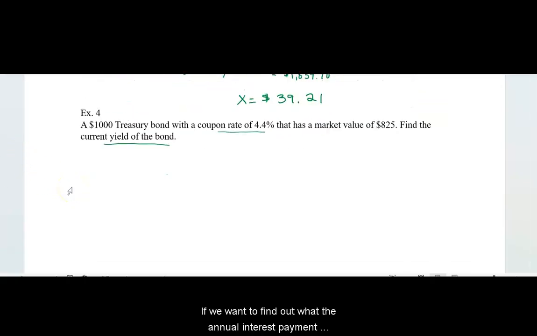If we want to find out what the annual interest payment is, we take the coupon rate. Because remember, if you go back to the definitions of the table I showed you, the coupon rate is your simple interest rate. This is your face value.